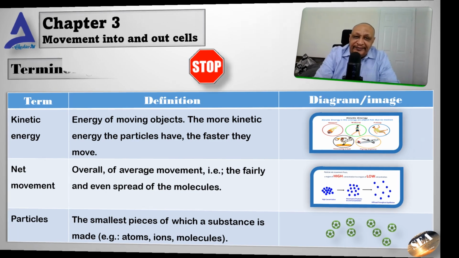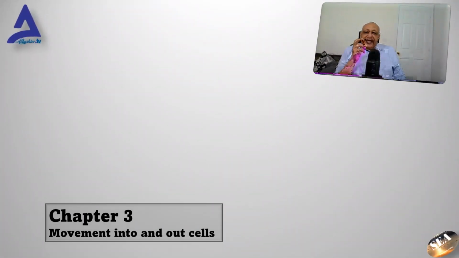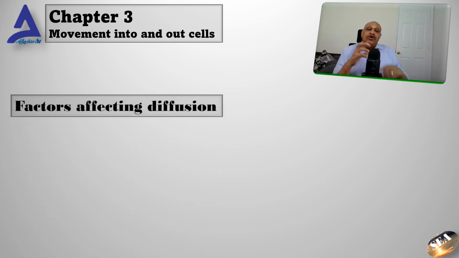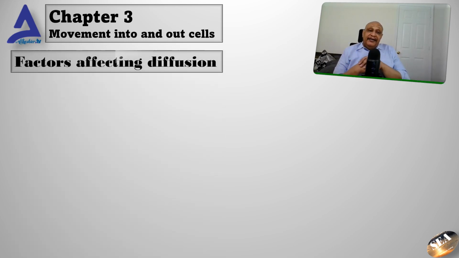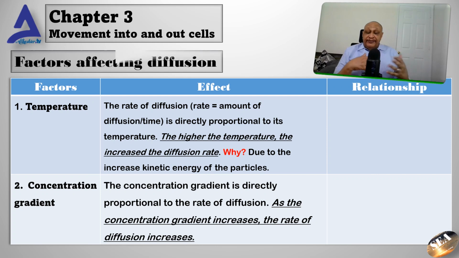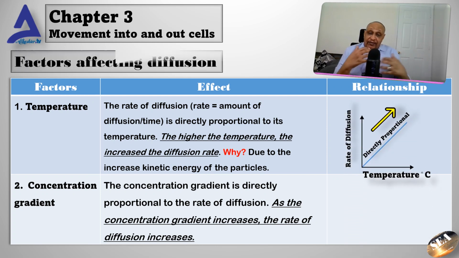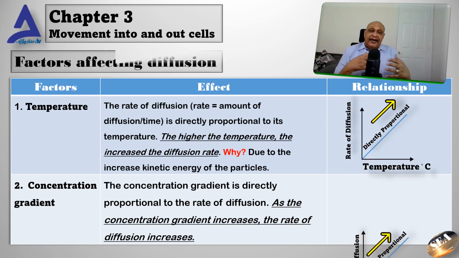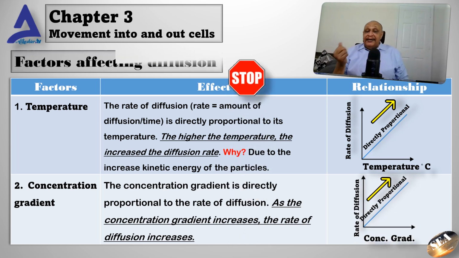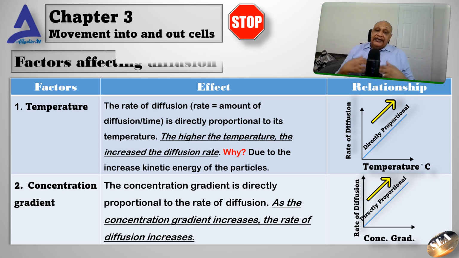Break. Now we know the diffusion and we also know some terminologies. We would like here to explain if diffusion is an independent process or if it depends on some factors. What I mean is that there are some factors that in one way or another manipulate the rate of diffusion.